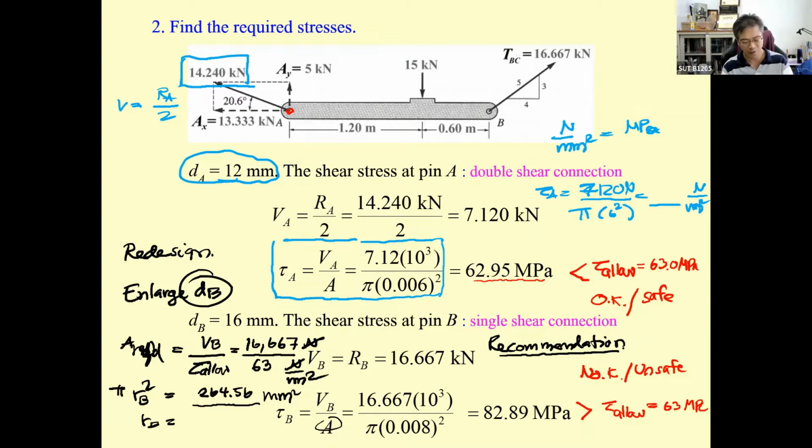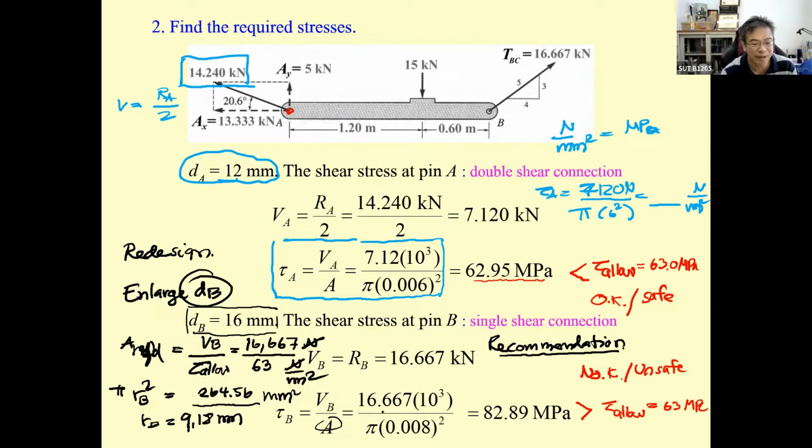Let's put it into the calculator. Then square root. It's going to be 9.18 millimeter. This is the radius, 9.18 millimeter, and then you're going to determine the diameter. So you times it by 2.